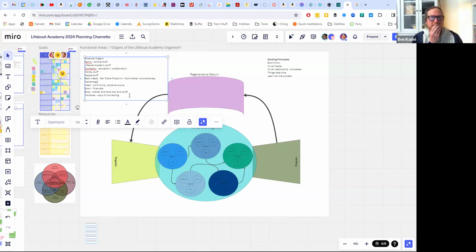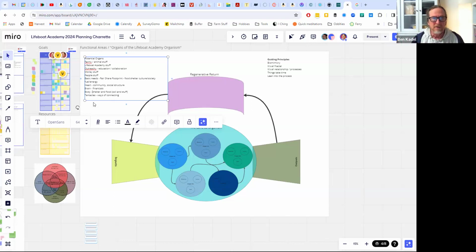So yeah, I'm liking this. I'm looking at the notes here, and we've got our basic needs body. I'm wondering, because the whole thing is kind of body, but let's go with body. If we think of body as food, shelter, muscle, maybe it's blood actually.